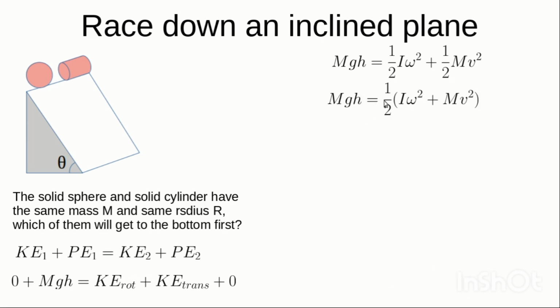The next thing is to factorize the half out of the expression. So we can now say what is the moment of inertia for the solid sphere and the solid cylinder. We have the cylinder as half of mr squared and that of the sphere as 2 over 5 mr squared.